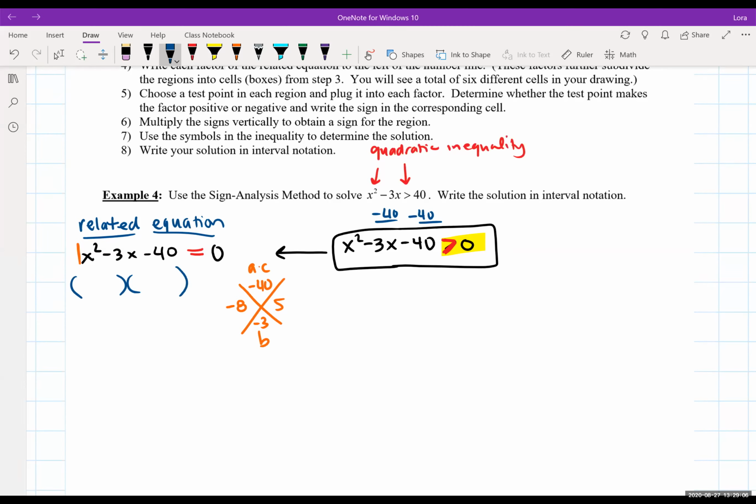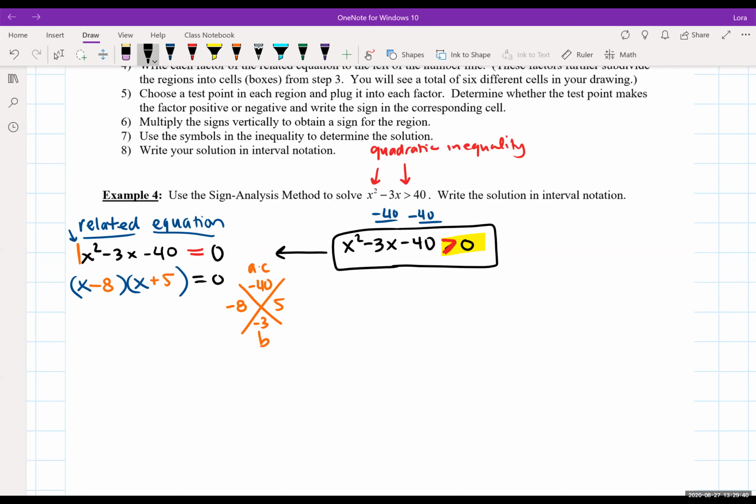The only way to make a 1x squared is x times x. But if you were to have a 2 or a 3 or a 6 or a 12, you'd have to do a little bit more to figure out what those two leading factors were in the terms in the binomial. We'll get to that in a little bit. So I do have x times x gets x squared, and then what I can do is choose the winning factors, write one of them in each of the binomials, and we still have ourselves equal to 0.